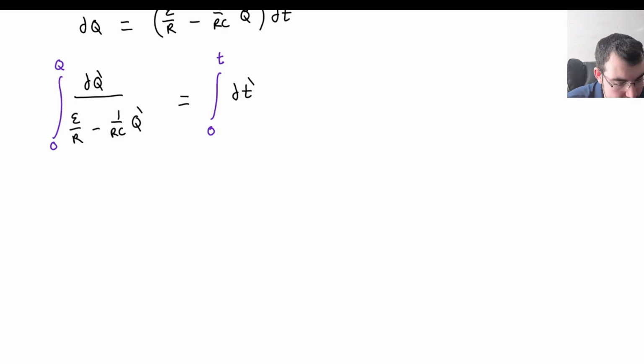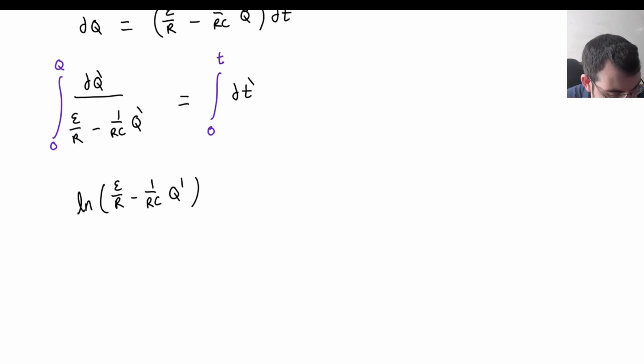Okay, so what on earth is the antiderivative of the left side? Well, notice I have 1 over a bunch of stuff. You could do a u-sub, but the antiderivative of this will look like natural log of this, but not quite, because we have to use the chain rule.